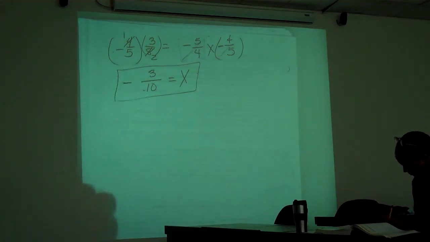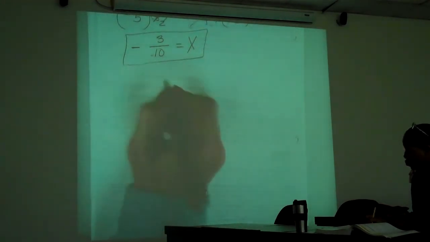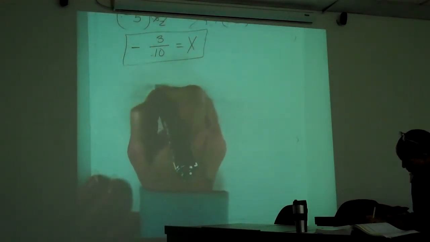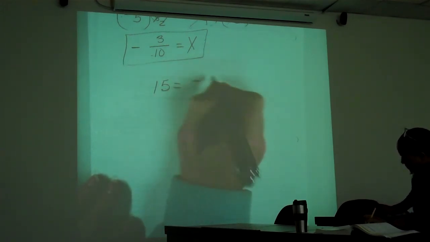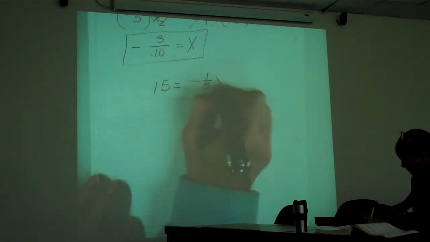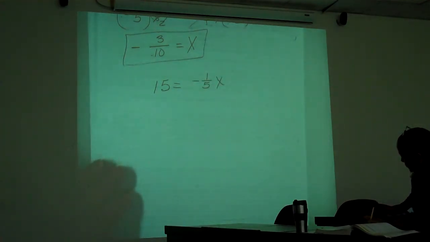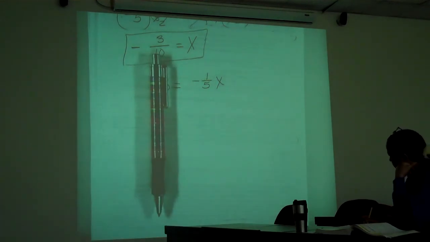Let's do another one of those. Let's do 15 equals -1/5 x. What are we going to multiply by?